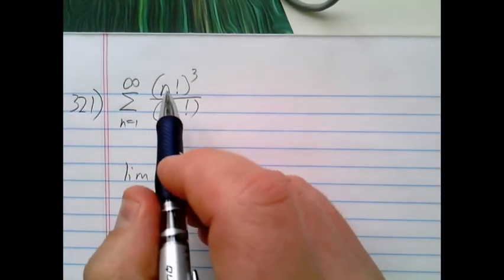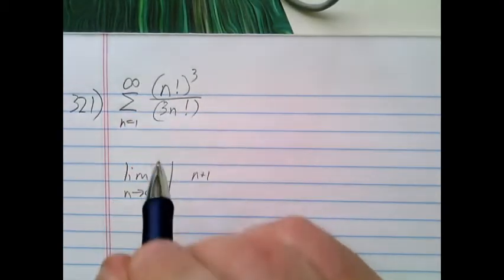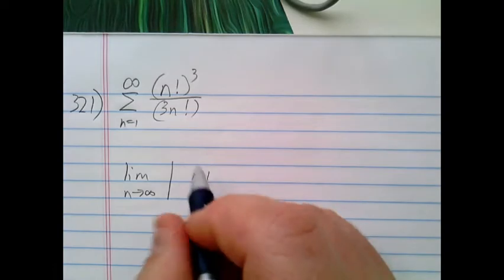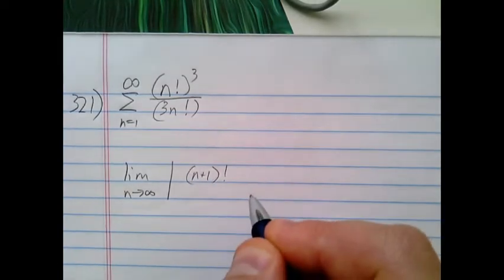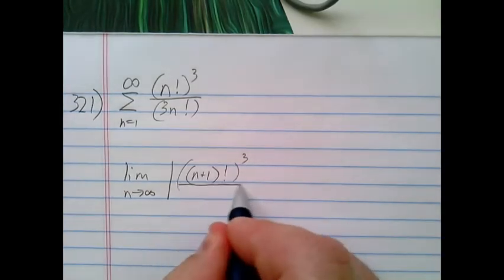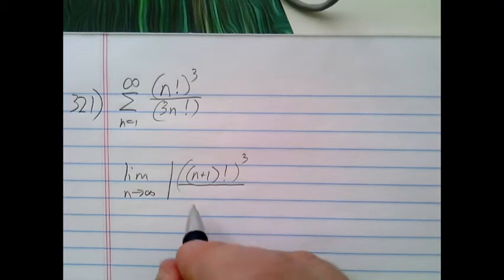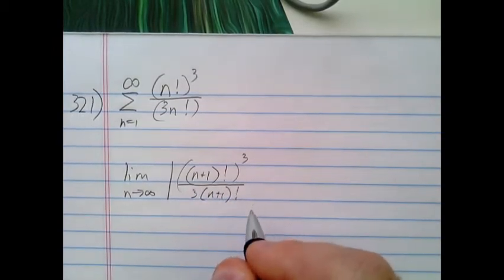Okay. Now we start with the n plus 1 term. So for the n plus 1 term, we add a 1 directly onto the n before anything else applies, even like a factorial. So that n factorial becomes n plus 1 factorial, and then that whole thing gets cubed over 3 times n plus 1 factorial.